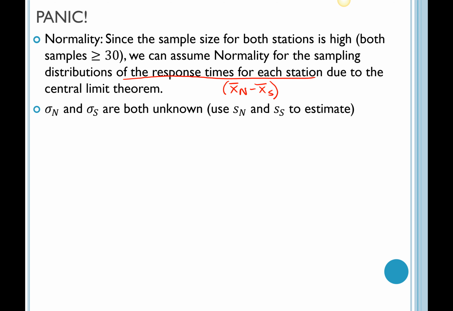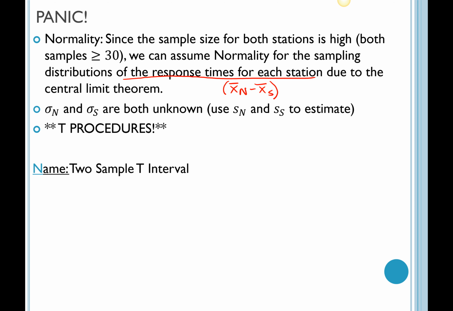So we do have a second sample size we need to discuss, and a second standard deviation we must look at and make a comment on. This allows us to use these t procedures at this point. The name of our interval is going to be a two-sample t interval, and we're interested in estimating the mean difference in these response times here.